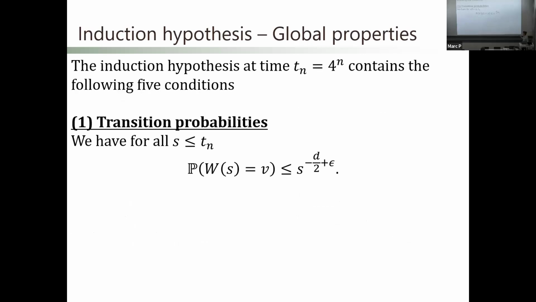If it were just a simple random walk, you'd have this without the plus epsilon, and this is just to make our life a bit easier. And I should have said the induction will be on scales growing like 4 to the n. So we want this transition probability estimate up to time 4 to the n.